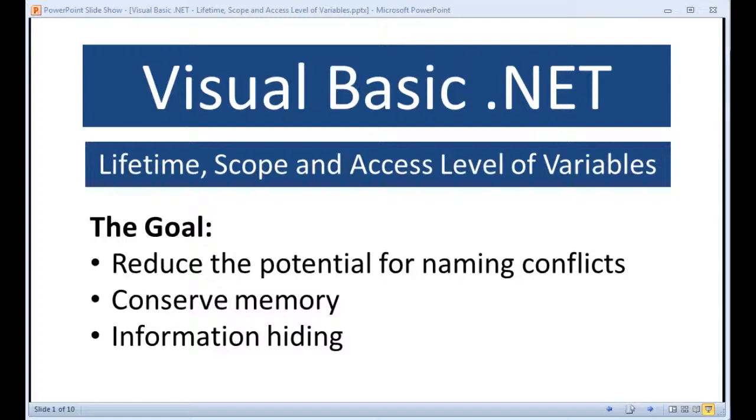The other area is conservation of memory. When we're done using our variable, we want to free it up so that the memory is available for other purposes. Then the other concept is information hiding, or encapsulation. We want to keep our variables hidden in what I would call a black box, so that only things within that black box are aware of the variables related to it.